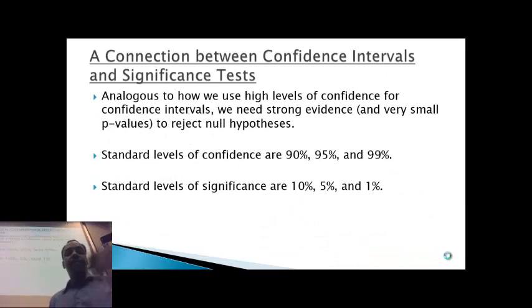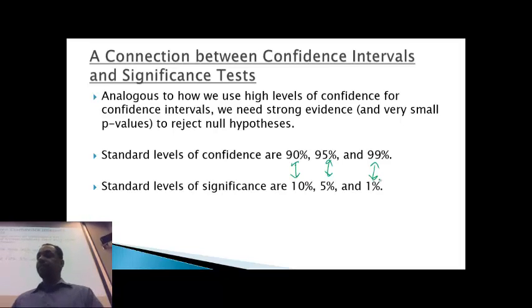And you kind of see the connection. 90% confidence, 95% confidence, 99% confidence. That corresponds to more or less 10% levels of significance, 5% and 1%. So they are not distinct from each other.